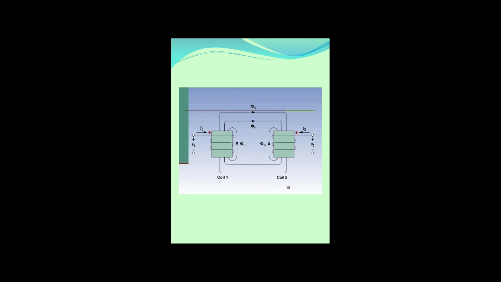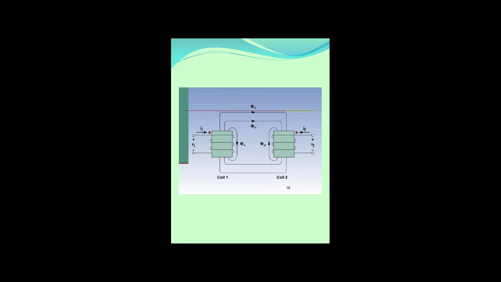In the given circuit, there are two coils, coil 1 and coil 2, which are magnetically coupled through a core. Now flux Phi11 links only coil 1, Phi21 and Phi12 link with both the coils, and Phi22 links only coil 2.